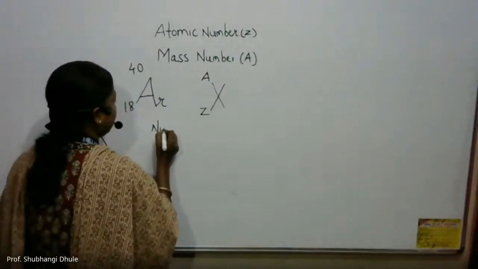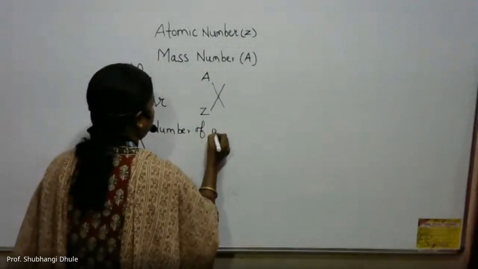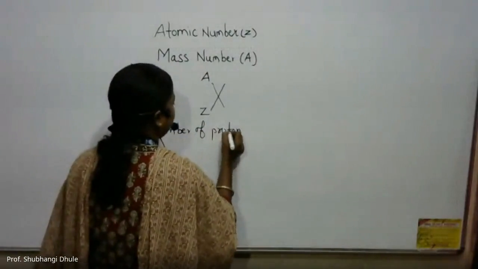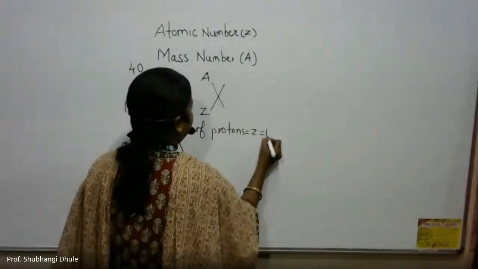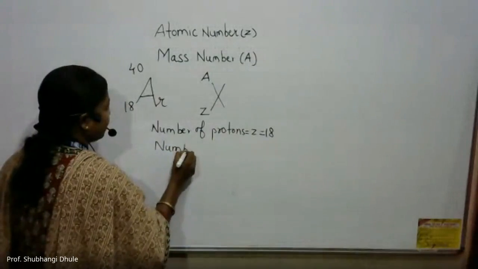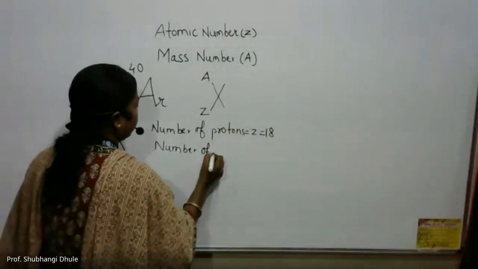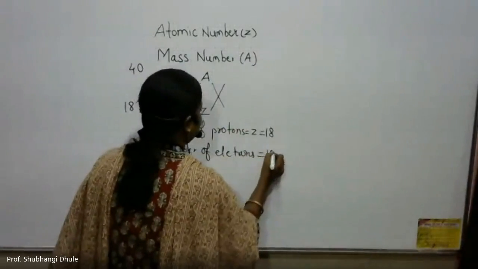So here the number of protons will be equal to Z, that is 18. The number of electrons is the same as that of protons, so again it is 18.